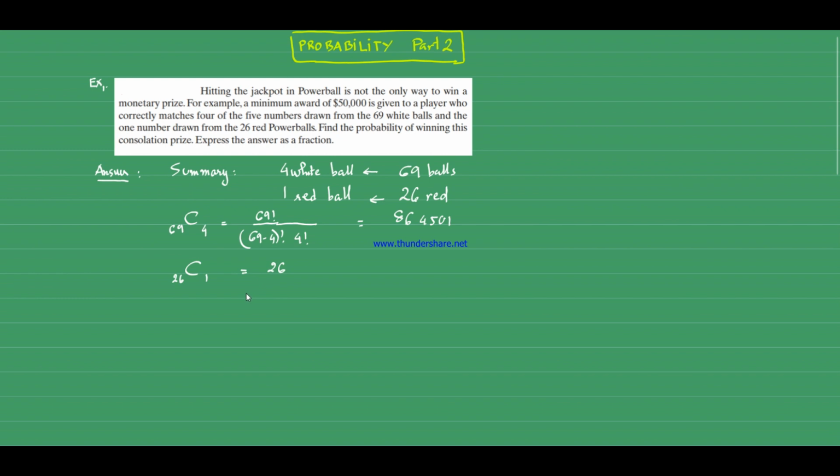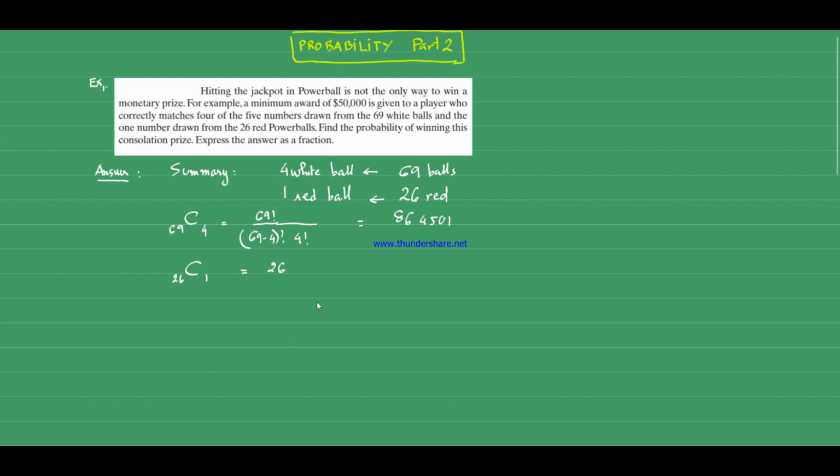But the winning match contains 4 white balls and 1 red ball. That is the group of balls we want.